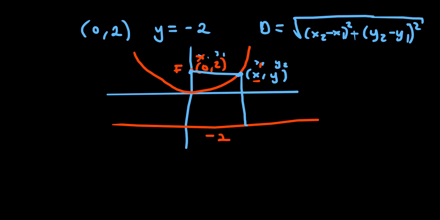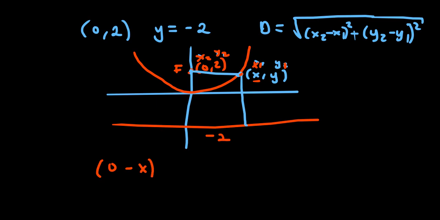Let's say we move from this point to the focus, such that we have these to be our x1s, and this to be our y1. Then we have this to be our y2. So we have that our y2 is 0, then our y1 is x. Actually, even if you swap the other way, it will still work out.